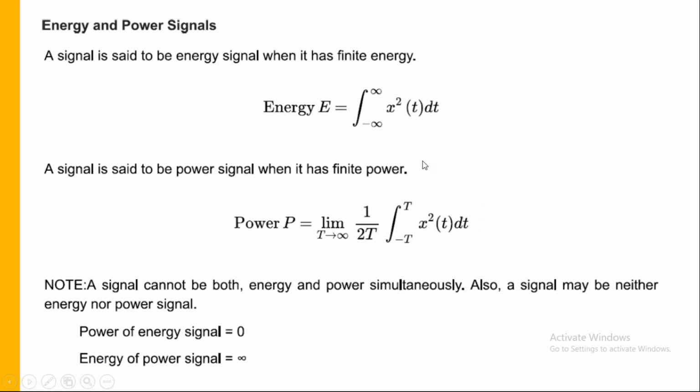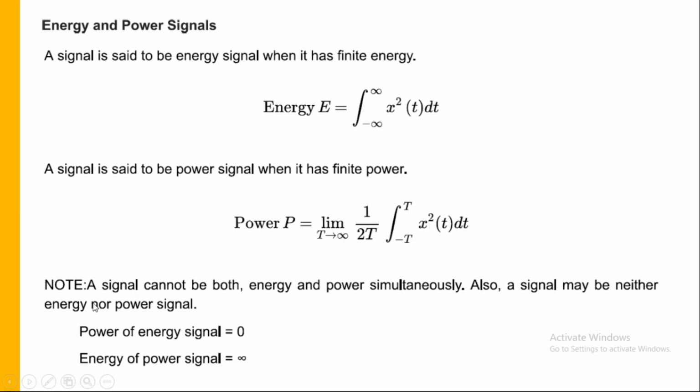Now see that both equations are integrations with x squared t dt, but the limits of integration for energy and power are not the same. For energy it is minus infinity to plus infinity, and for power it is from minus T to T, and we need to write the time period, but at the beginning you write the limit as T tends to infinity.